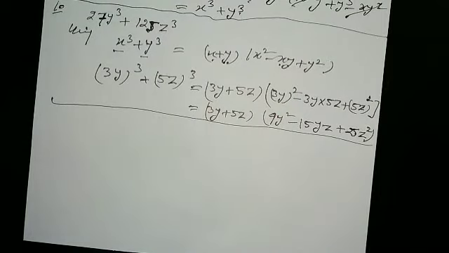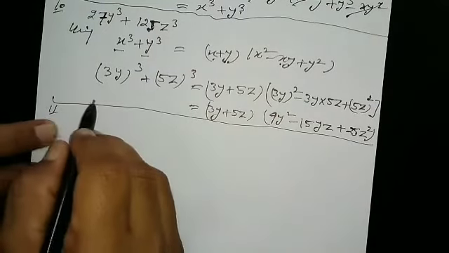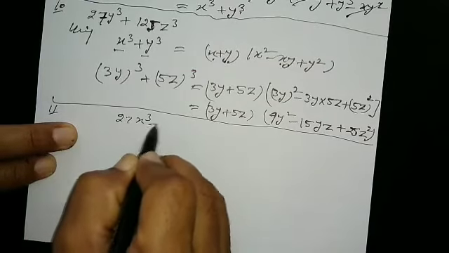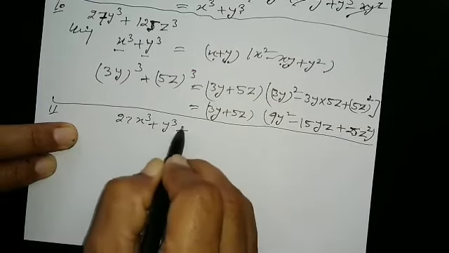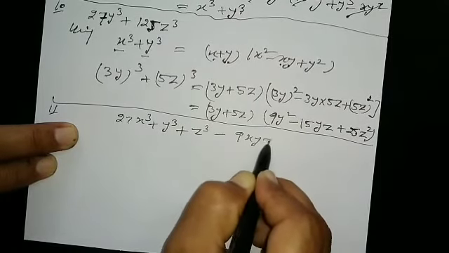Again, question number 11, factorize this: 27x³ + y³ + z³ − 9xyz.